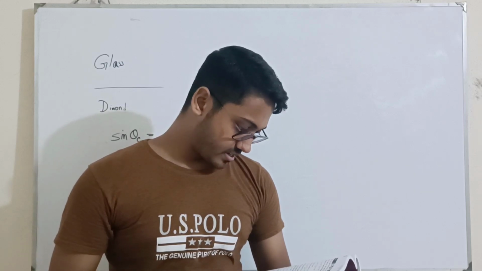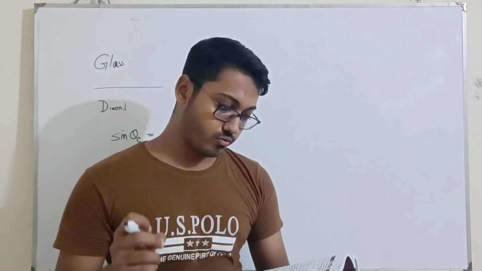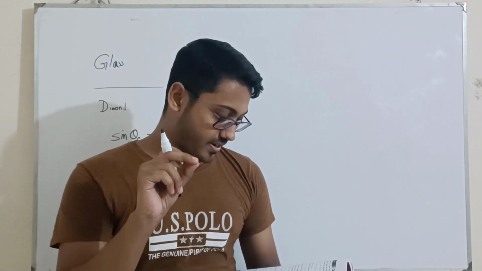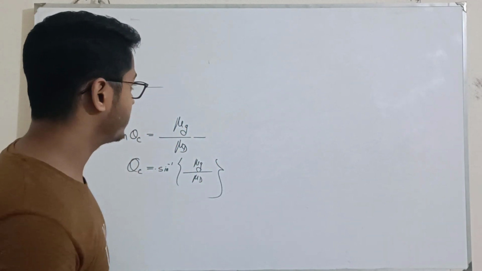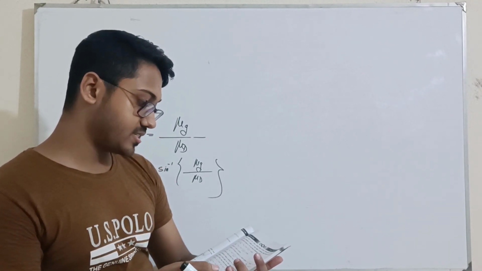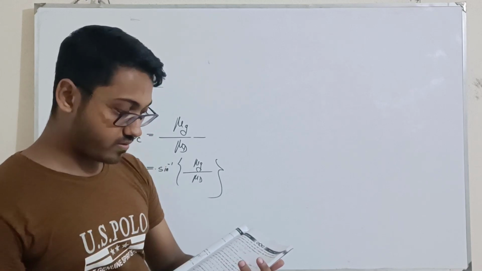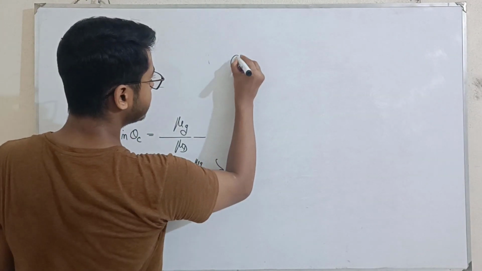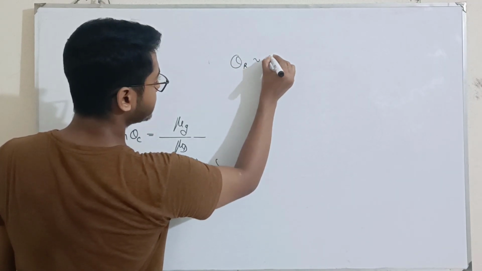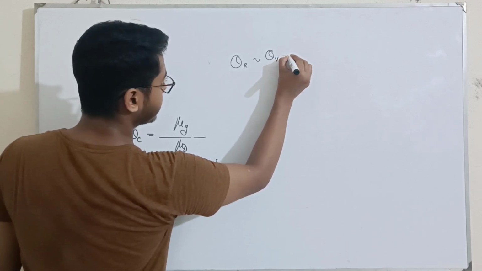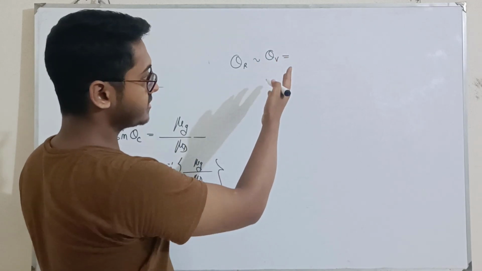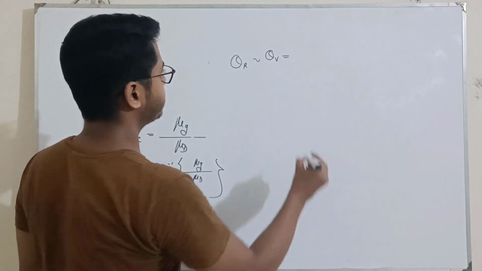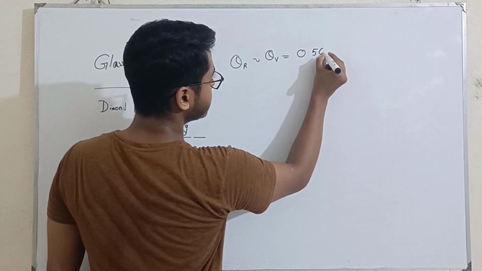Refractive index is greater in a medium for violet light than for red light. The difference of critical angle of crown glass for violet and red light is 0.56. So theta R minus theta V, the critical angle for red light minus the critical angle for violet light, is given as 0.56 degree.